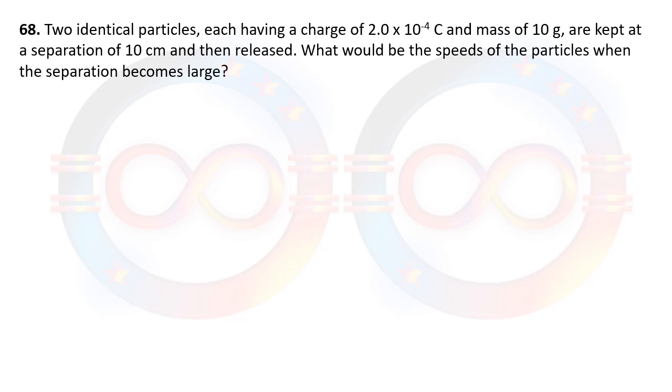Question number 68: two identical particles each having a charge of 2 into 10 raised to minus 4 coulomb and mass of 10 gram are kept at a separation of 10 centimeter and then released. What would be the speed of particles when the separation becomes large? See, why is the speed going to be gained by the particle?